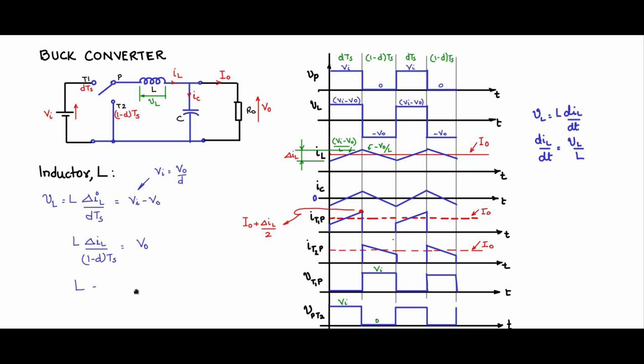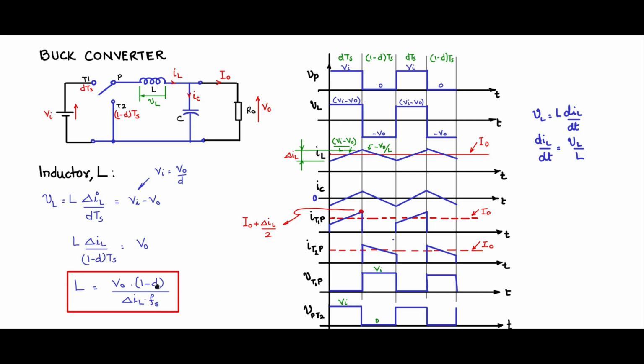So the value of L is V0 into 1 minus D, Ts, I'll bring it down, call it Fs, switching frequency, delta IL, switching frequency. Now this is the basis for the design equation for L value. V0 is a design spec given for you based on the output load side spec.